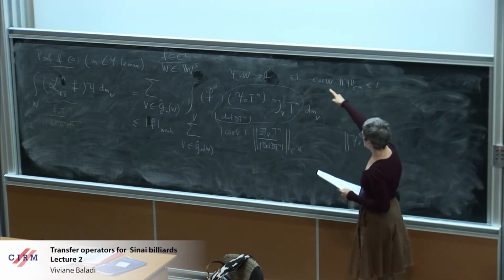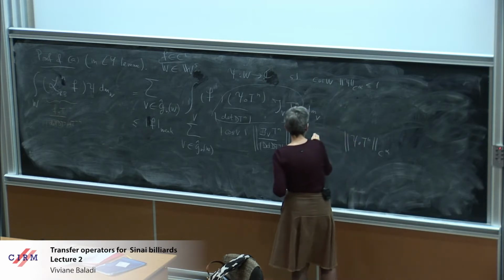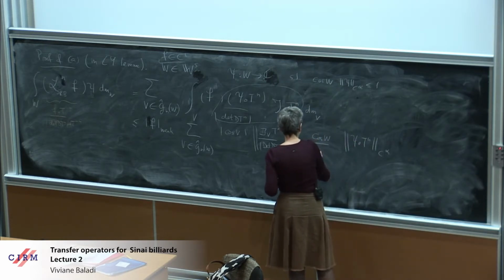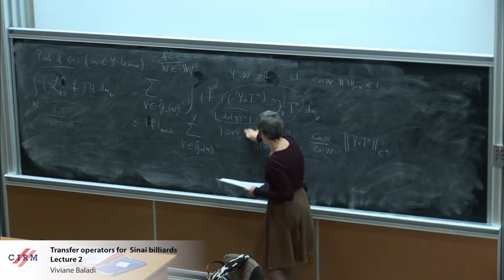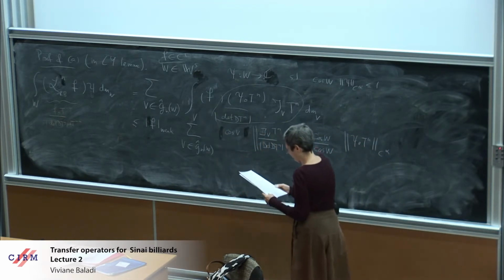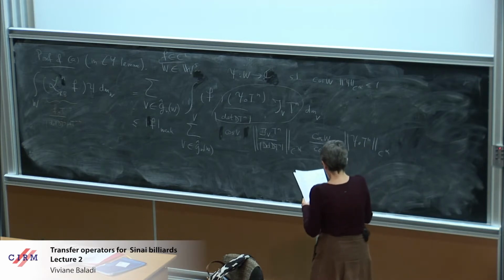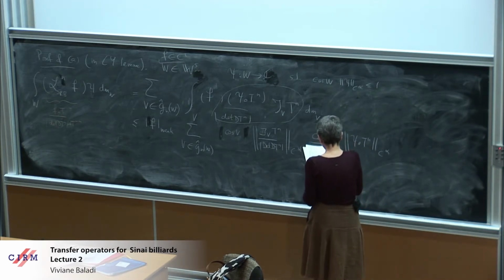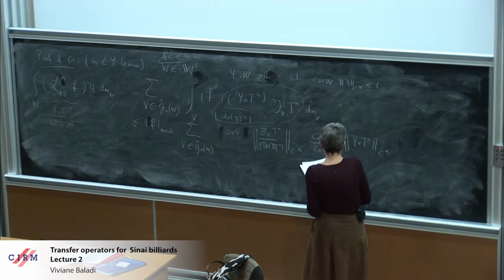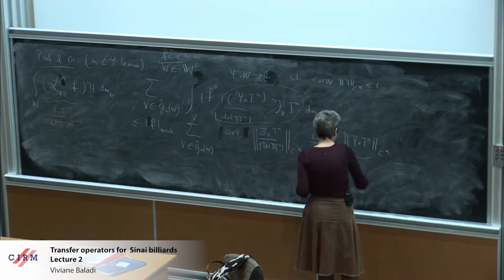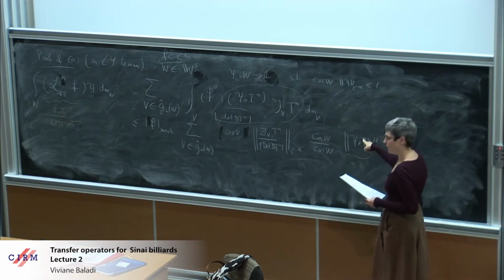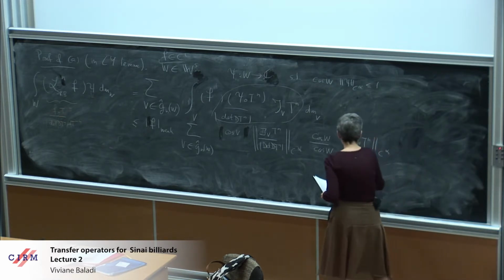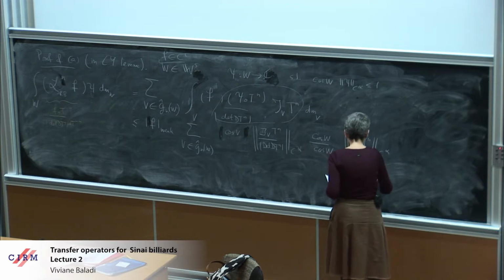Because I want to use the assumption. So I need to put cos W here. Okay? There's no absolute value here. Okay, and now this is bounded by the... Because this is a contraction, we're on a stable leaf, right? This is a contraction, so this is bounded. This is a rough estimate.